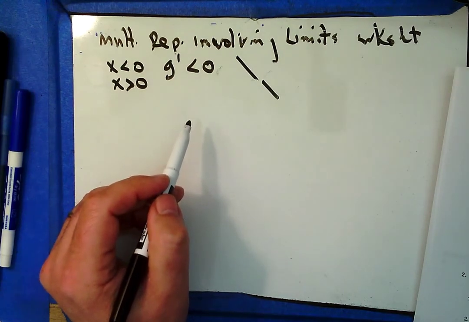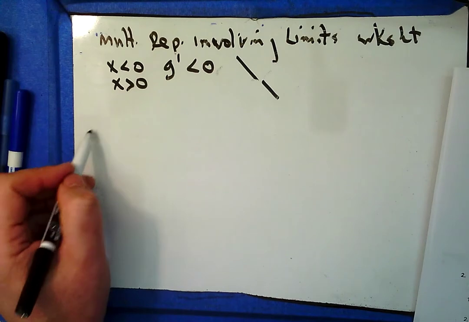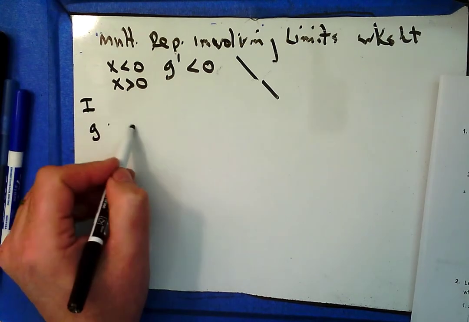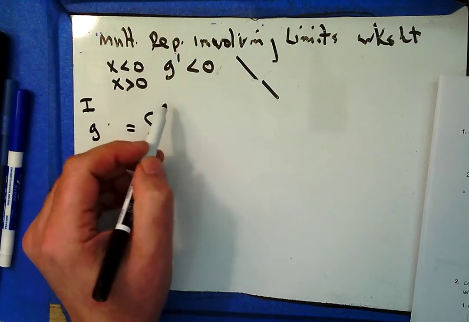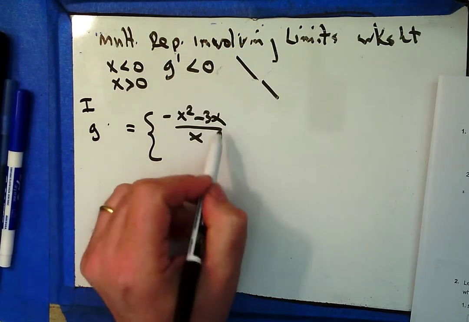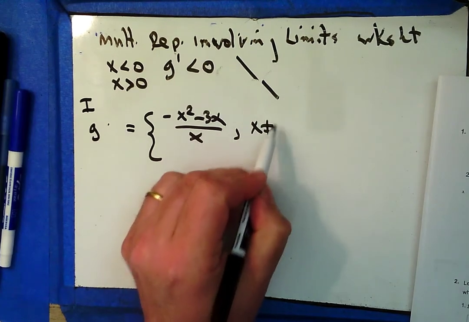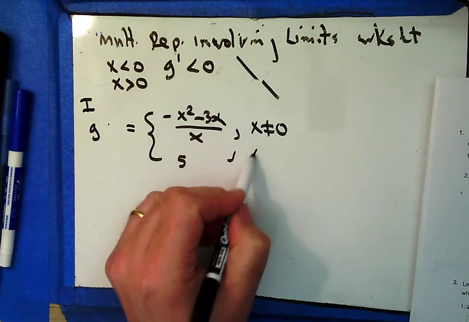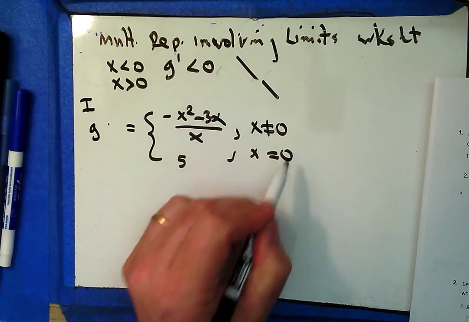We see a g of x in 1 that is defined as a piecewise function, negative x squared minus 3x over x for x not equal to 0, and 5 for x equal to 0.